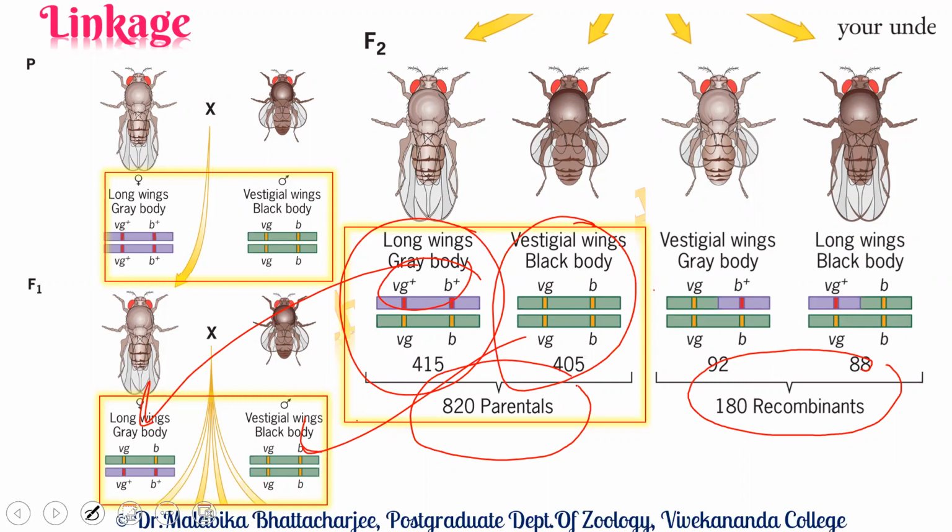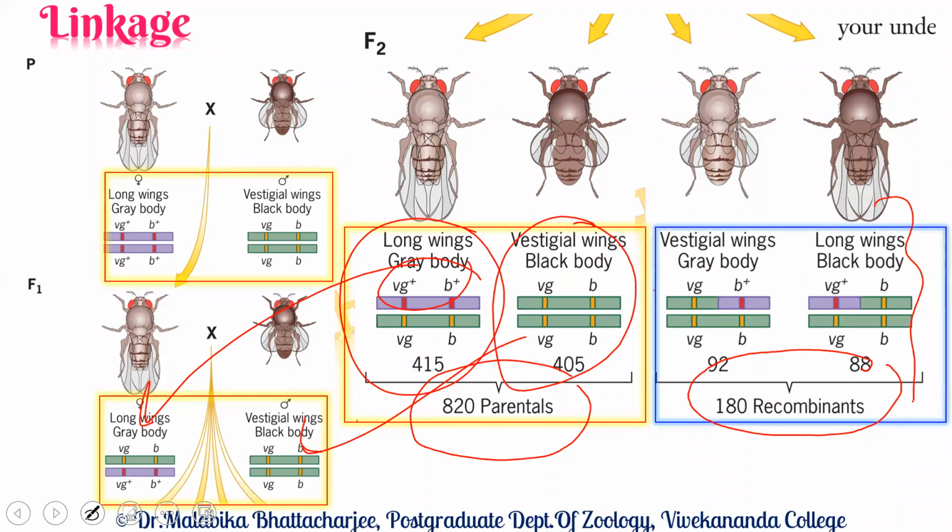But we have got all four genotypes, and the ratio is not 50 to 50. The amount of parental products is much more than the amount of recombinants. So it is evident that crossing over is occurring between VG and B, but the genes are incompletely linked. Because the genes are somewhat linked, the tendency of formation of recombinants is very low.